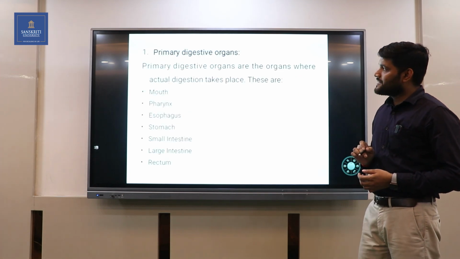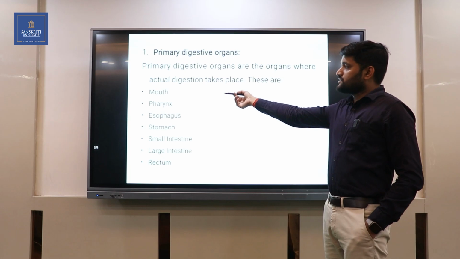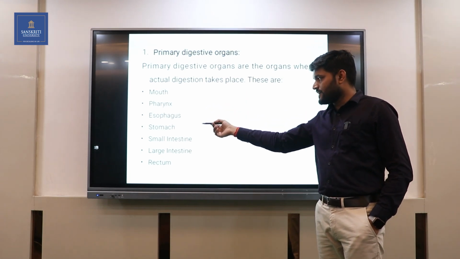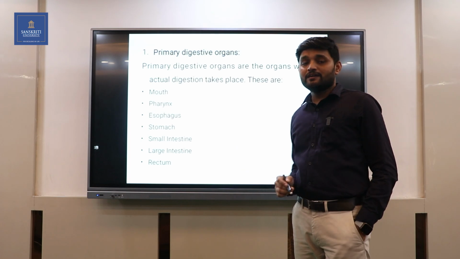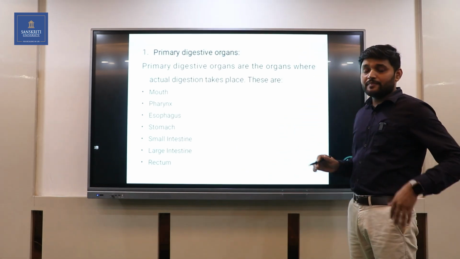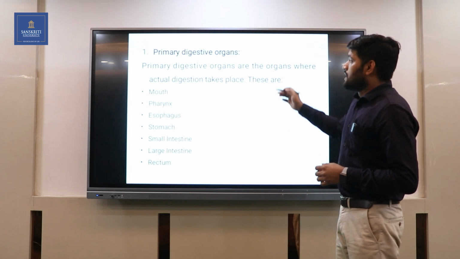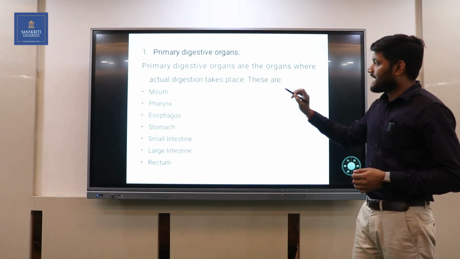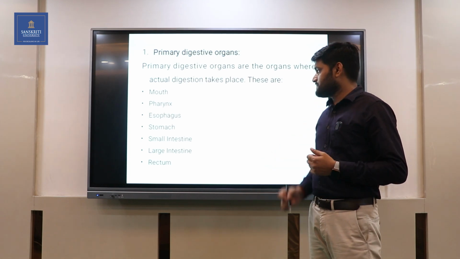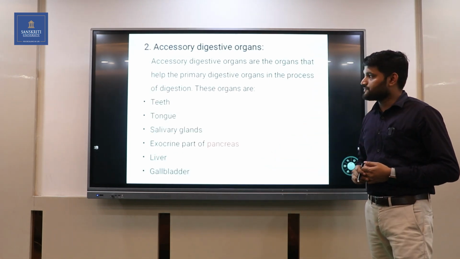What are the primary digestive organs? Mouth, pharynx, esophagus, stomach, small intestine, large intestine, and the last, rectum. Primary digestive organs are the basic organs of the digestive system, where digestion actually takes place.